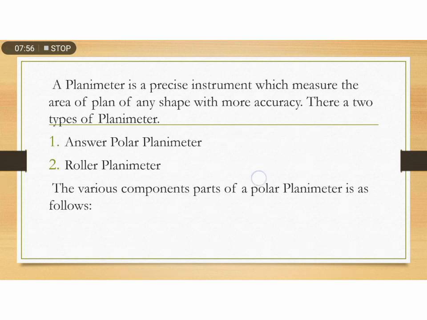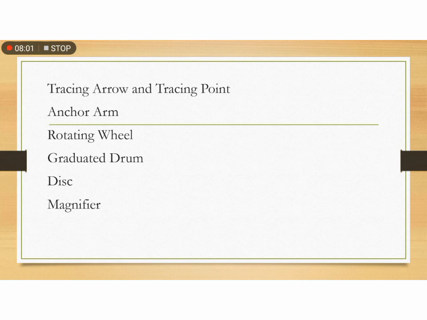The polar planimeter has the tracing arm and the tracing point.